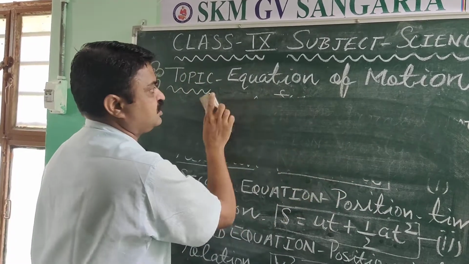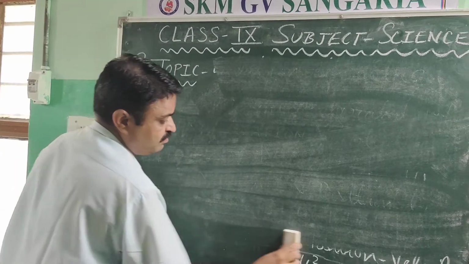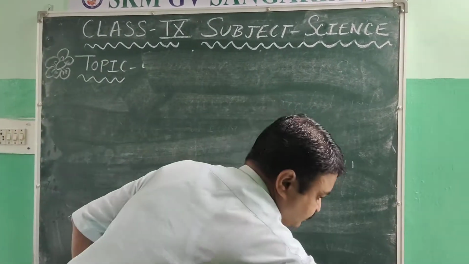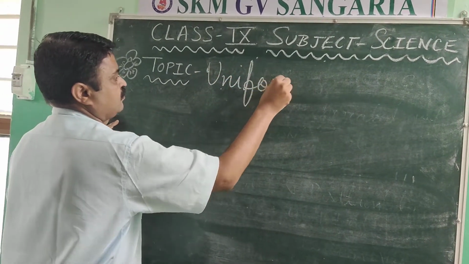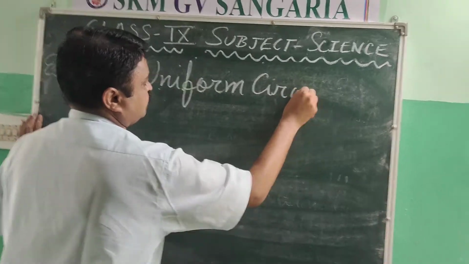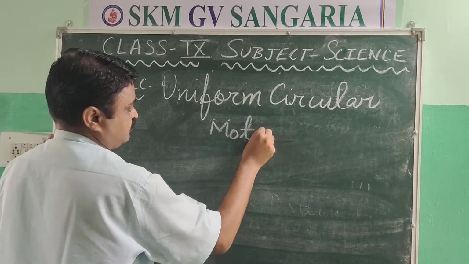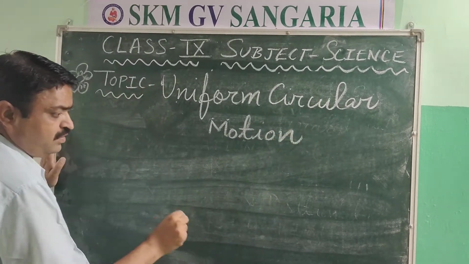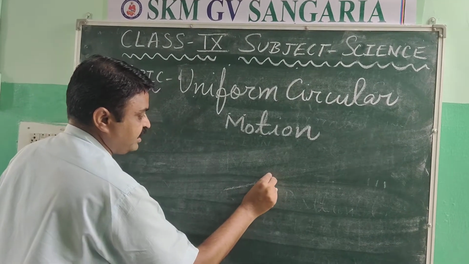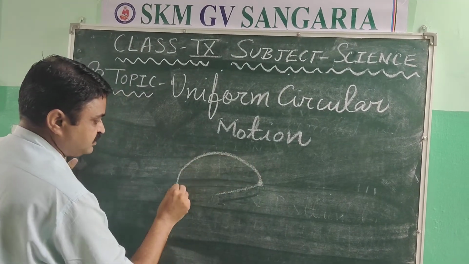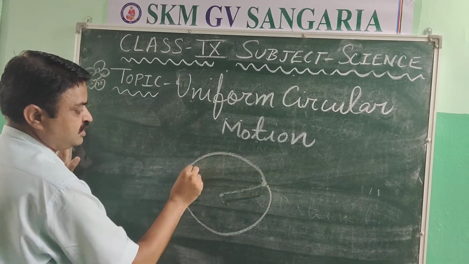When an object moves in a circular path, like this is one object and it moves in a circular path, it is known as circular motion.